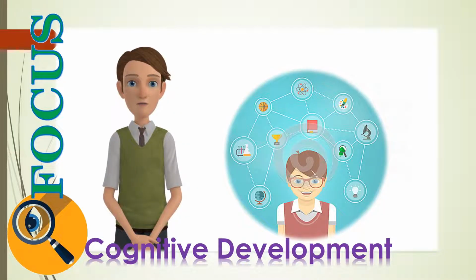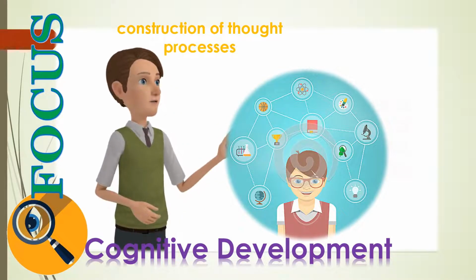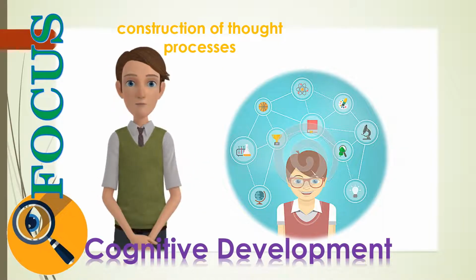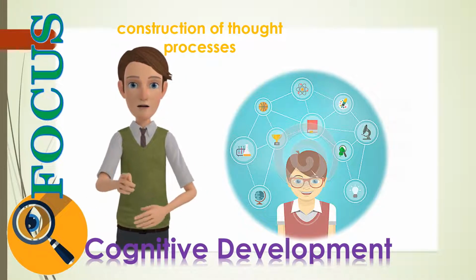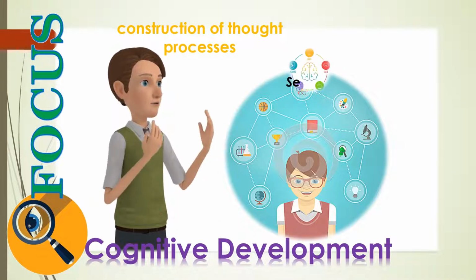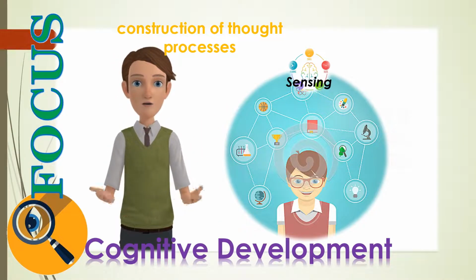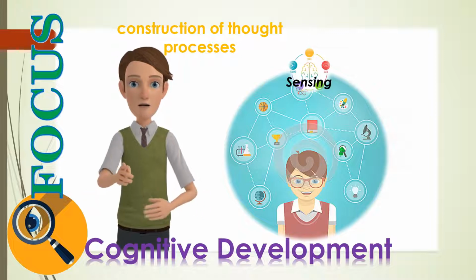Cognitive development is the construction of thought processes, including remembering, problem-solving, and decision-making, throughout the lifespan. Cognitive abilities include sense, instinct, imagination, memory, and intellect. Sensing is the ability to see, hear, feel, taste, and smell.